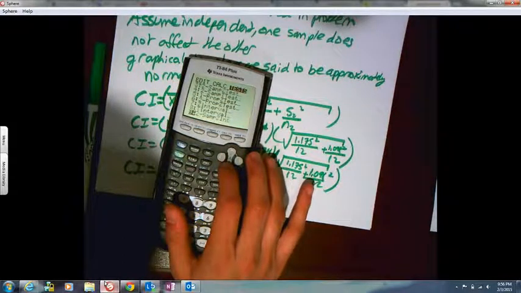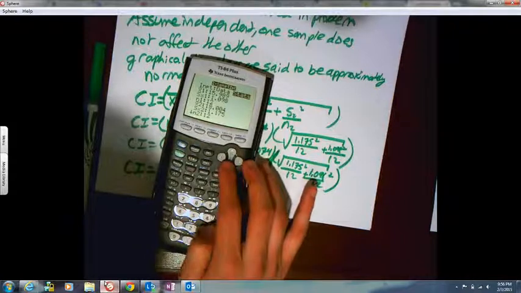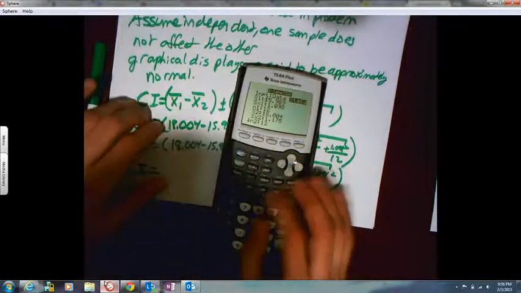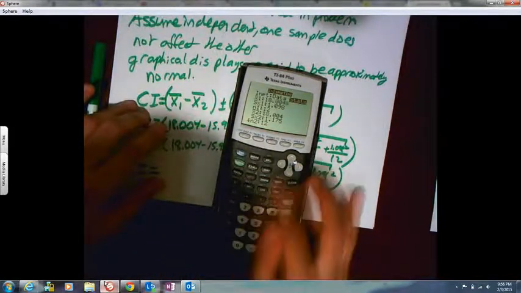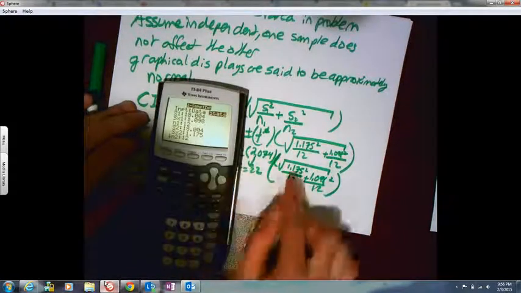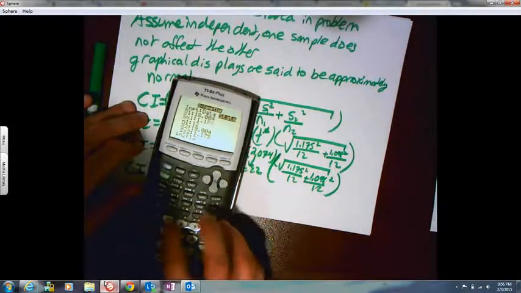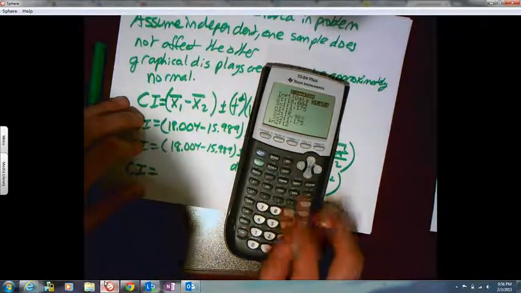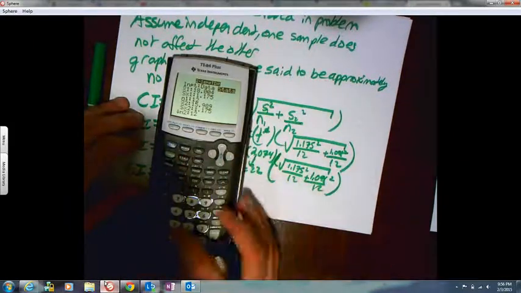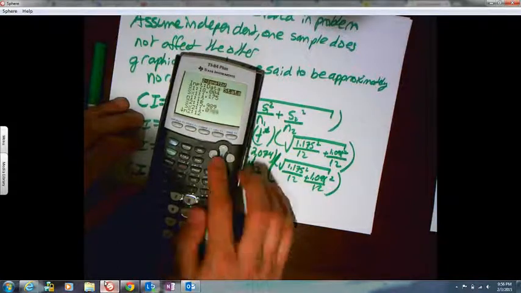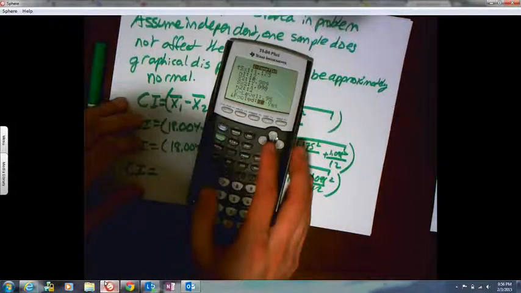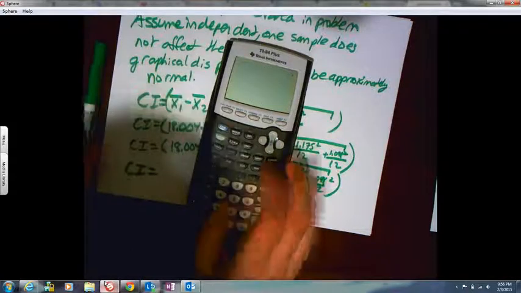X bar 1 was 18.004, standard deviation is 1.175, sample size is 12. The other one is 15.989, standard deviation is 1.098, still 12. Confidence level is 0.95. Not pooled. Click calculate.